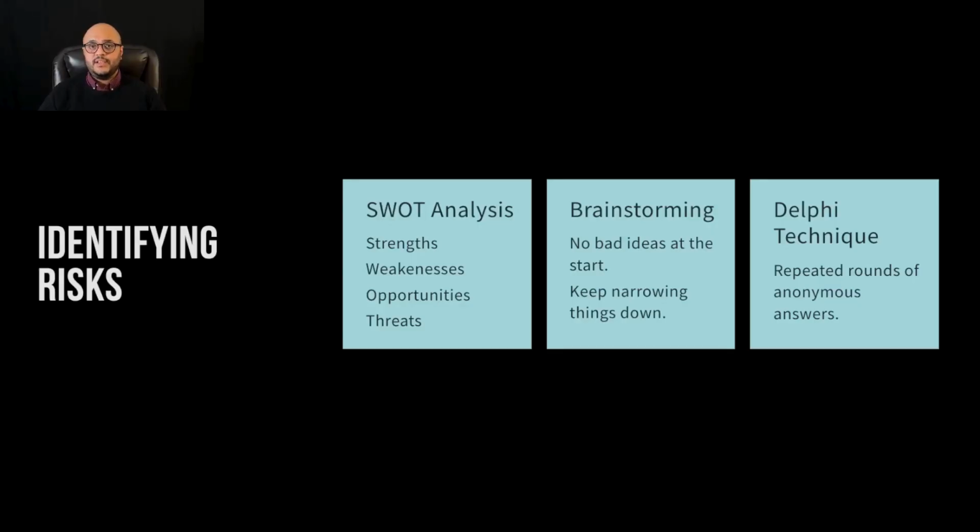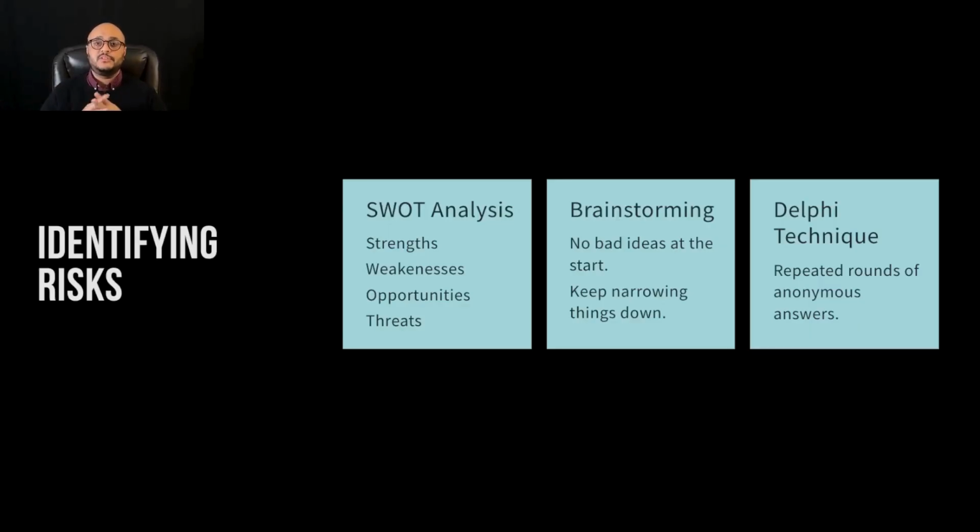We can also use a Delphi technique. It's a very, very effective way of brainstorming, essentially. How the Delphi technique works is we have a group of people, let's say 5 people, and I ask them all to individually list down all the potential risks that they foresee on this project. Then I take all of this and I put it together into one list and I redistribute the list to everyone anonymously.